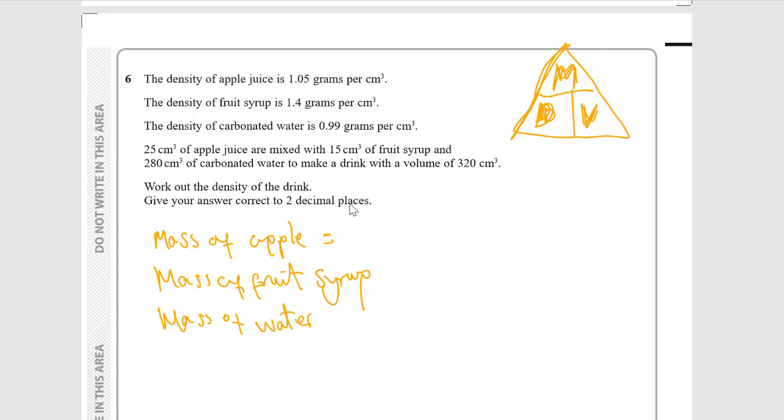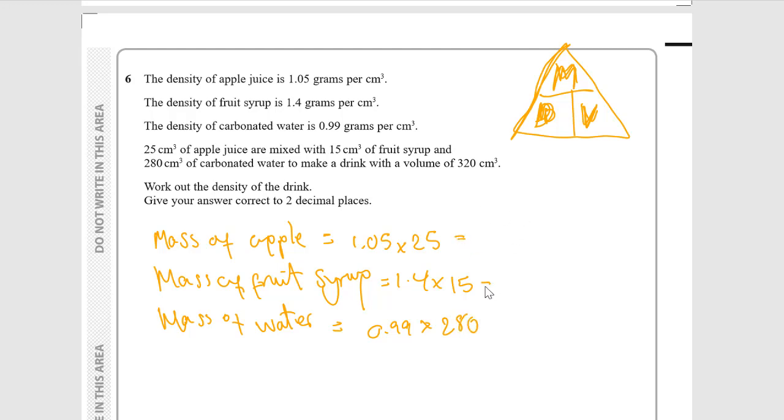So mass of apple is going to be 1.05 times 25, because we've got 25 centimeters cubed of apple juice. 1.4 times 15, because we've got 15 centimeters cubed of fruit syrup. And then we've got 0.99 grams times 280 of carbonated water.